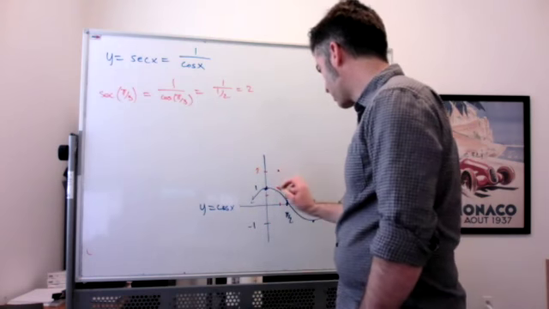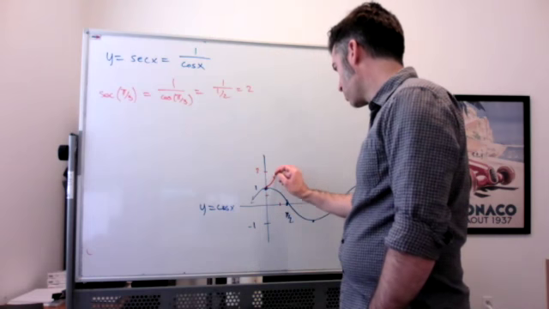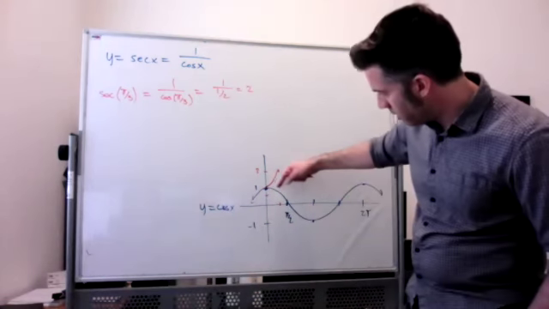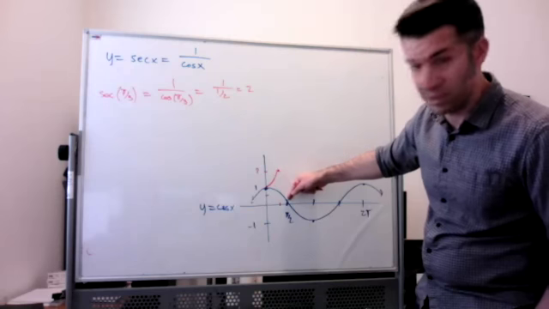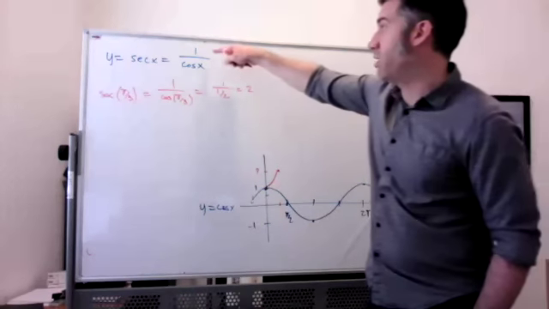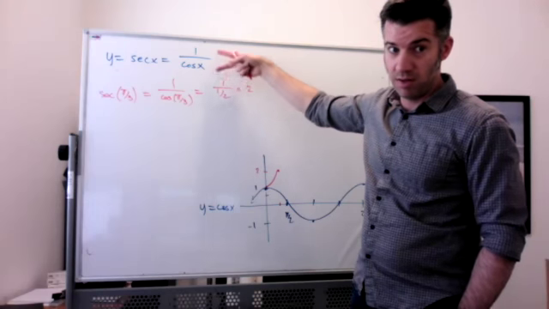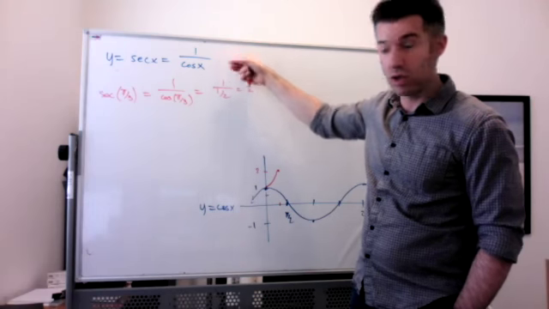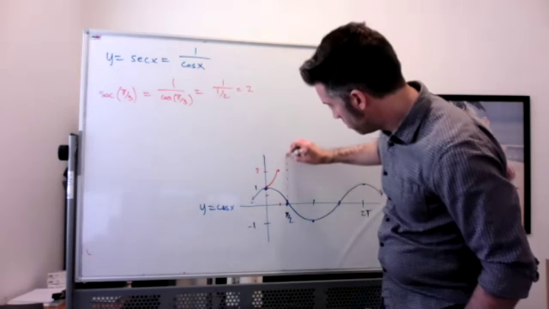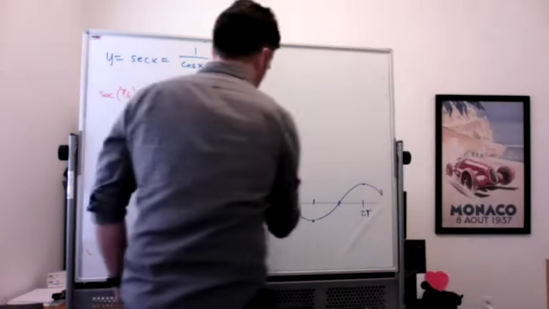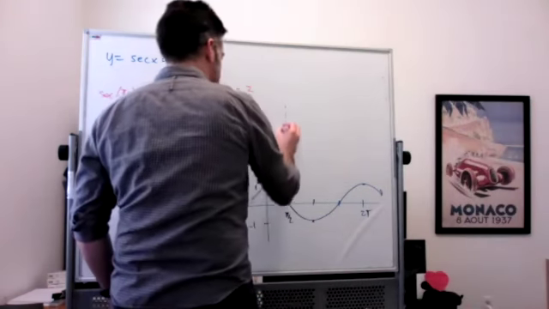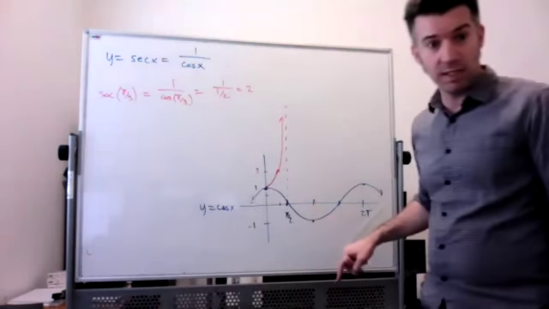And here's what's going to happen. The cosine values are going to get closer and closer to 0. And when you have 1 divided by a number that's getting super duper small, the whole thing's going to get super duper large. So what we have is a vertical asymptote for secant whenever cosine is equal to 0.